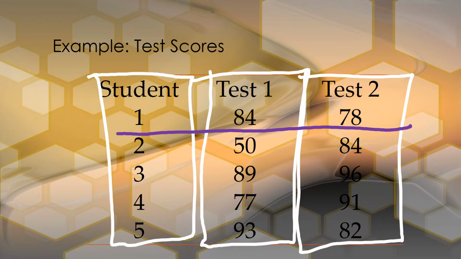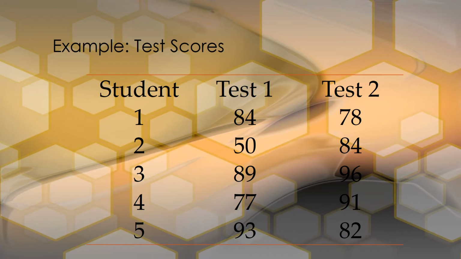They got an 84 on their midterm and a 72 on test 2. And another example would be student 4 got a 77 on test 1 and a 91 on test 2. This is just the data we're going to work with. Remember, each student gives 2 observations. So the data is kind of paired. And both variables are scale. So the points on test 1 is a scale variable, and the points on test 2 is also a scale variable.